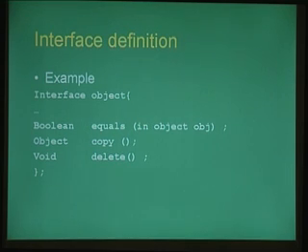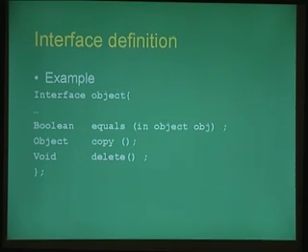This slide shows a typical interface definition of an object in an ODMG. Remember that the interface is the signature for a persistent object; that is, the interface tells the external world how to interact with the object.